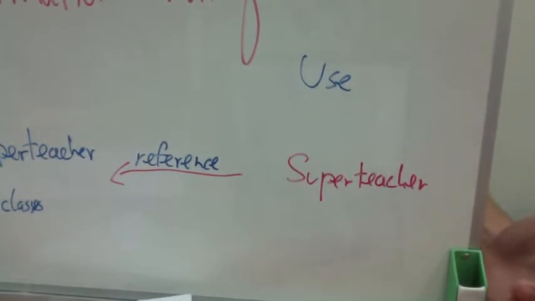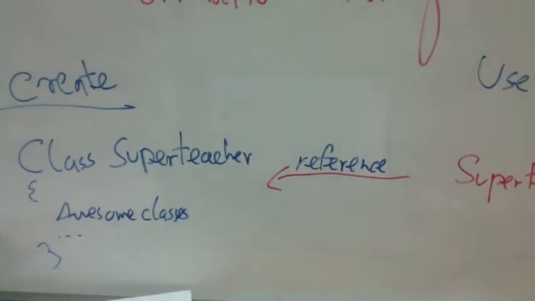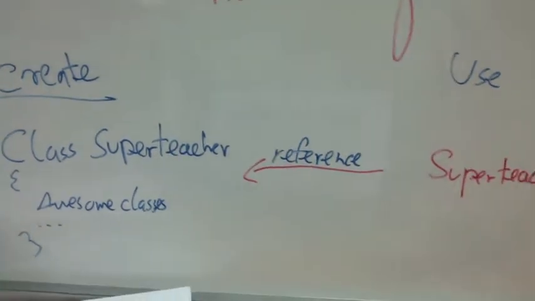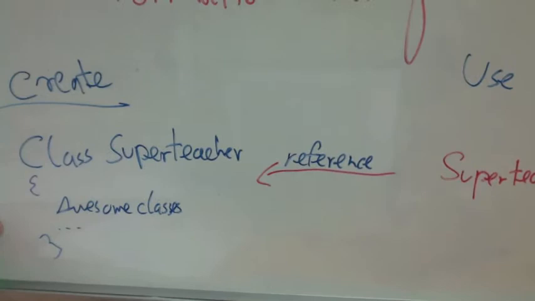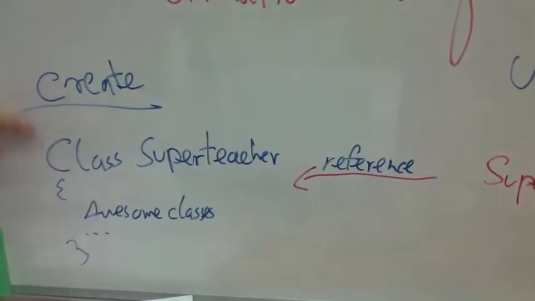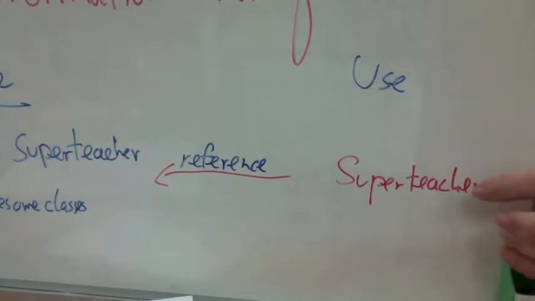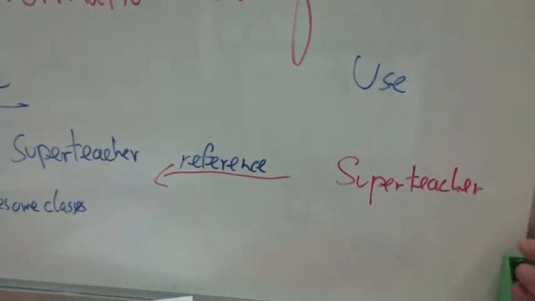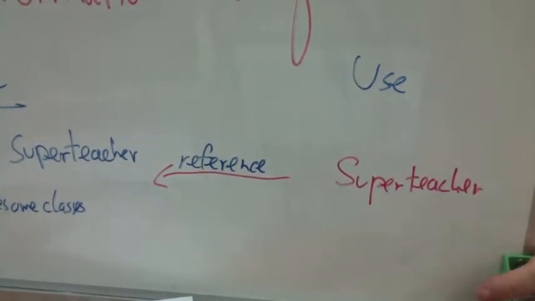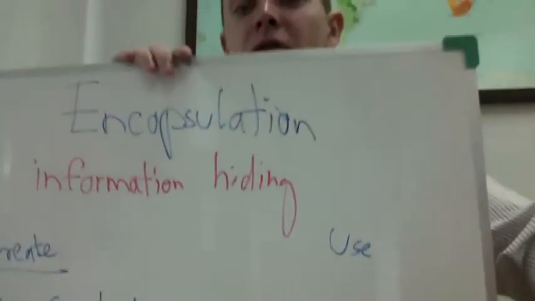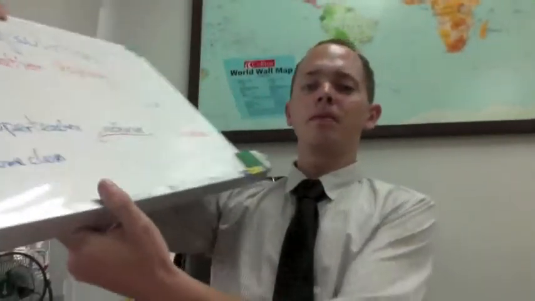That's pretty awesome. This means every time I want to use the class superteacher, which will be quite often because the teacher is awesome, I don't need to copy everything. I simply have to put in one reference to this class and then can use it. That's one of the very, very good things when it comes to OOP, object-oriented programming.